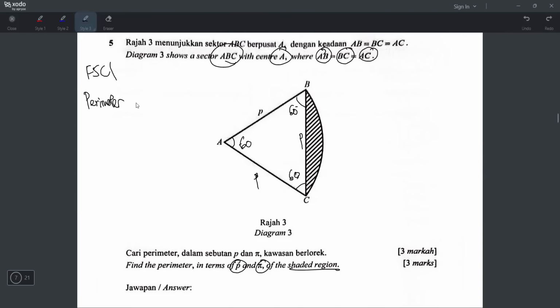Okay, so I'm going to write perimeter of shaded, but I think I have some work to do first. Let's not find the perimeter first. Let's find the arc first. I'm going to leave some space here. Arc BC. Because the perimeter is this line plus this line.